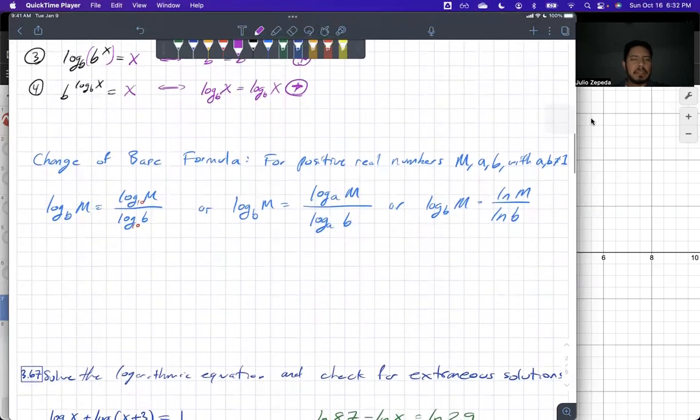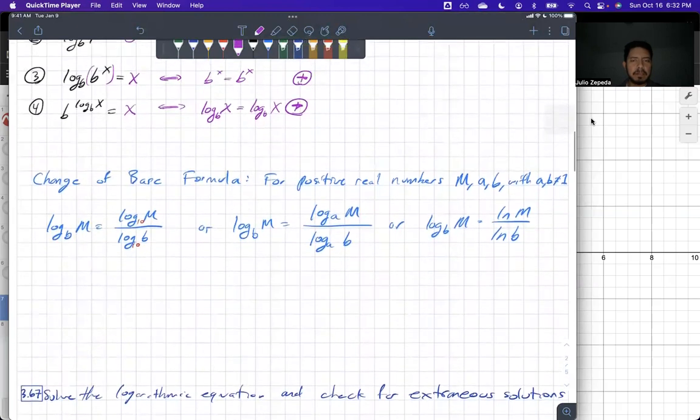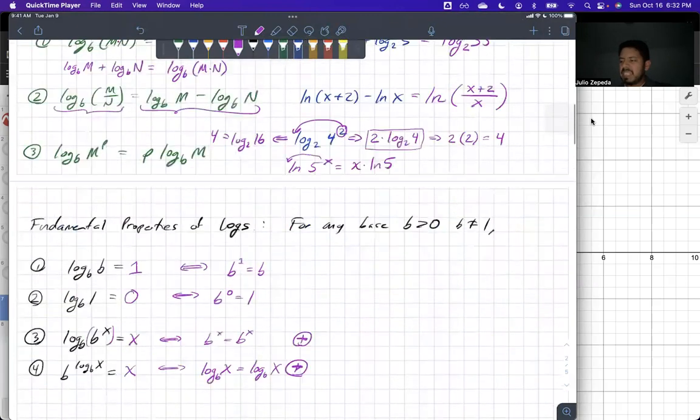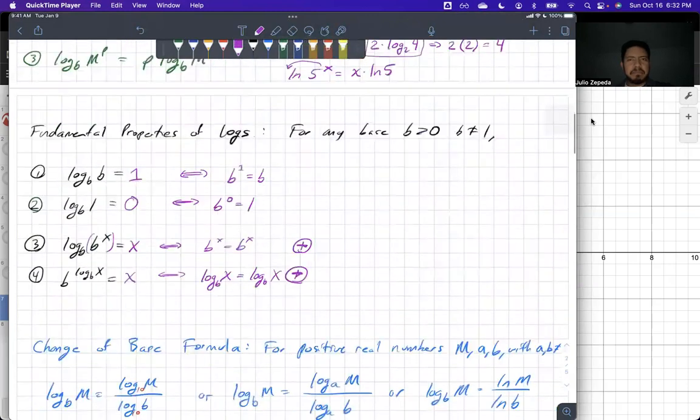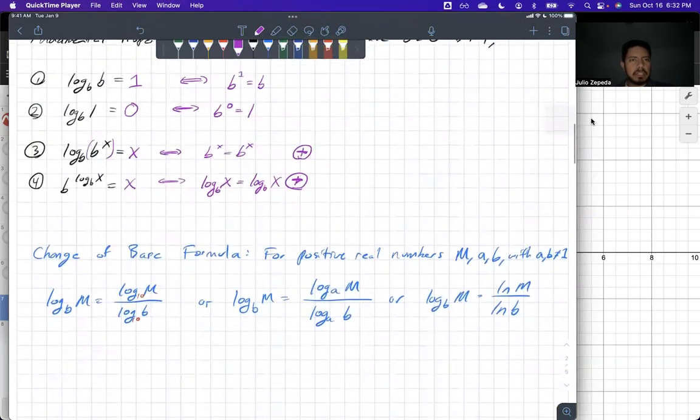And then one of the last formulas here is the change of base formula. There are other rules as well in the textbook that I didn't include in this sheet because, like I said, I don't want to make this video too terribly long.